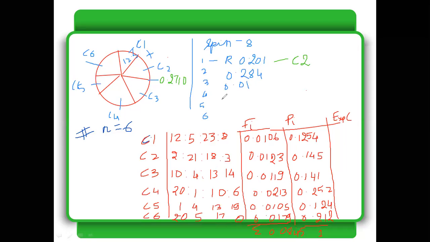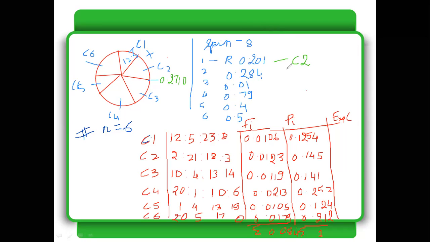Spin 4 it is 0.79. In the spin 5 it is 0.4, and in the spin 6 it is 0.5. Okay, I've just taken random values. So I'll just see what members will be selected based on that.